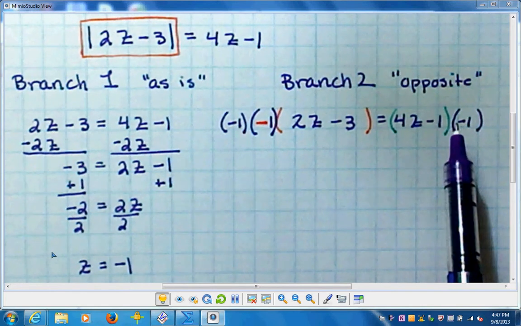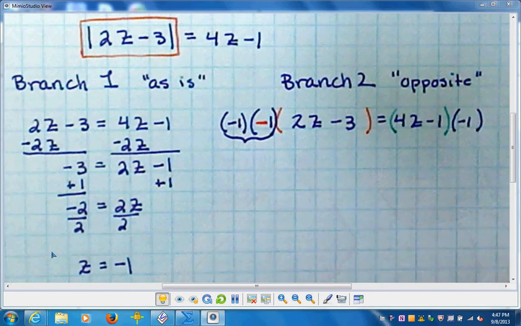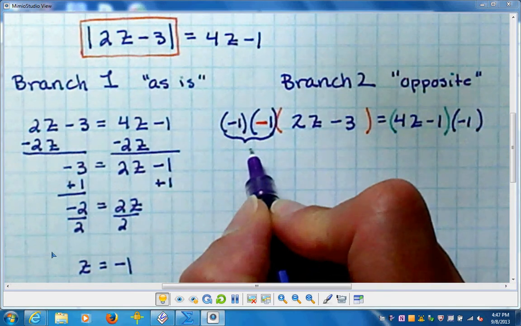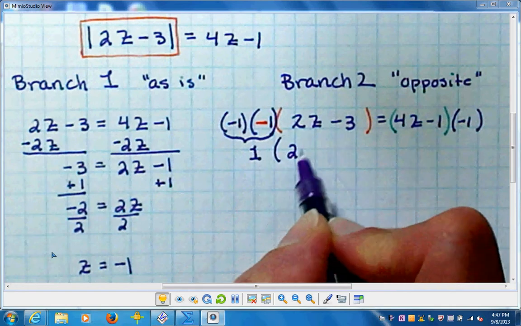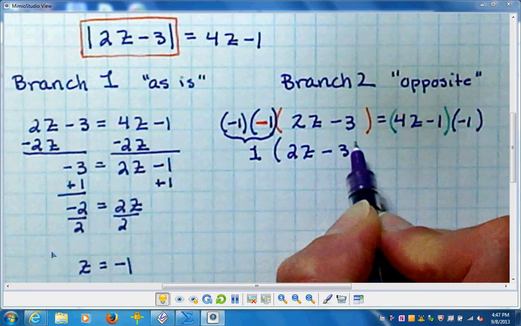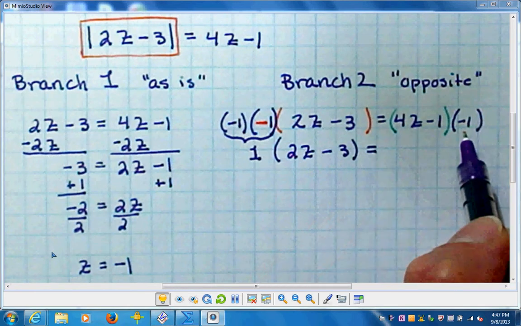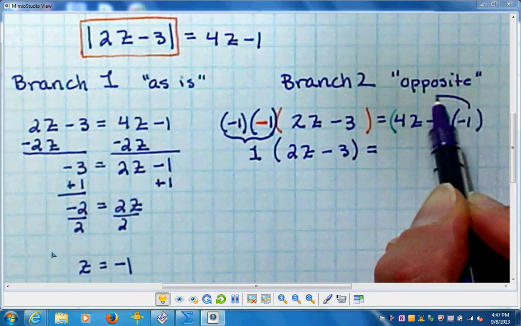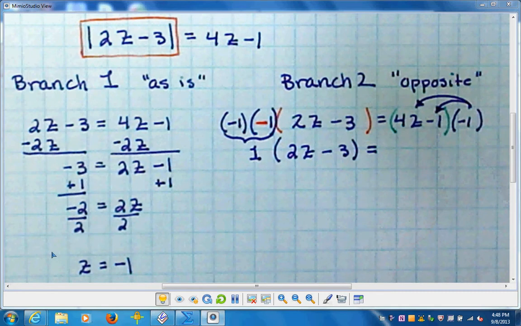So this is good. When I multiply -1 times -1, I simply get 1. And then I have my parentheses 2z minus 3. And then that equals, well, this -1 gets multiplied to everything inside.